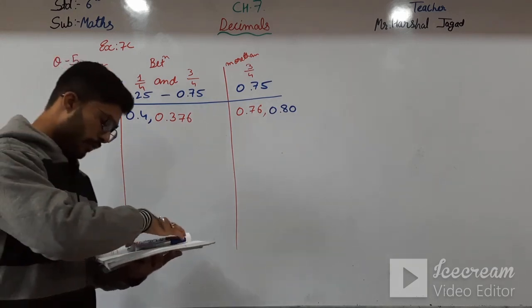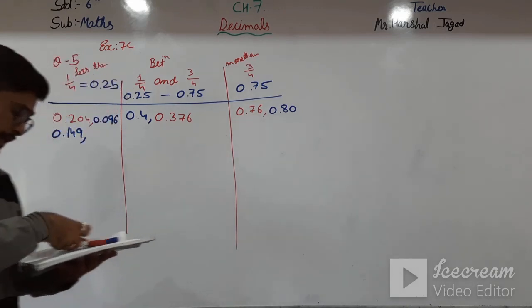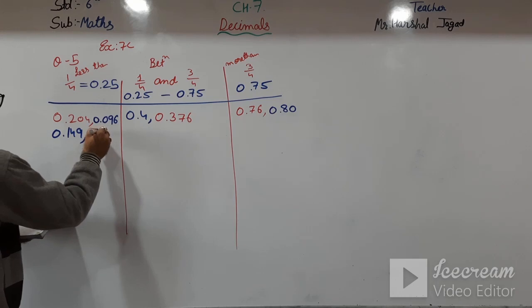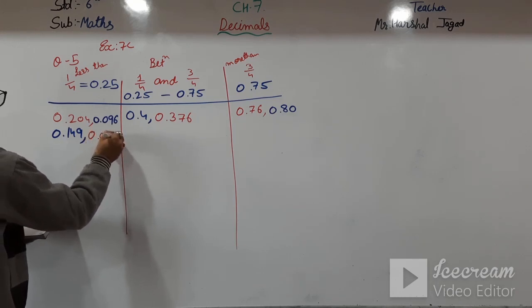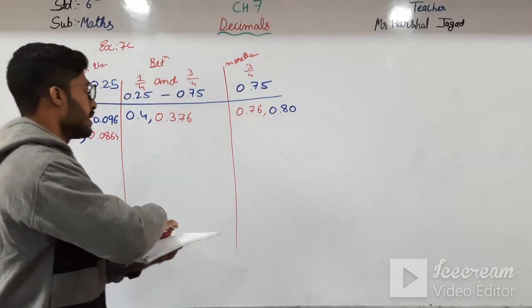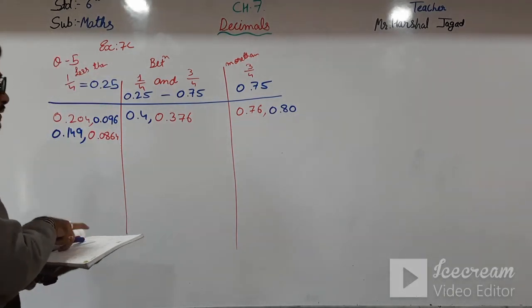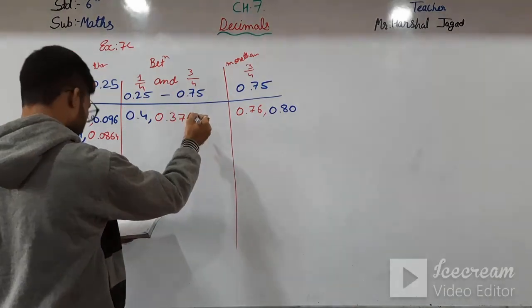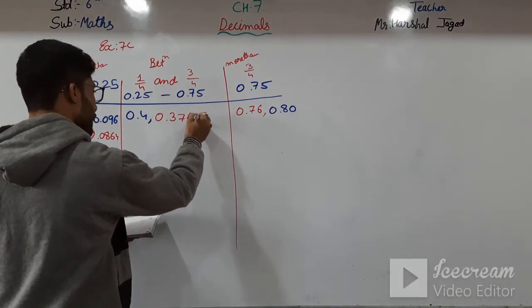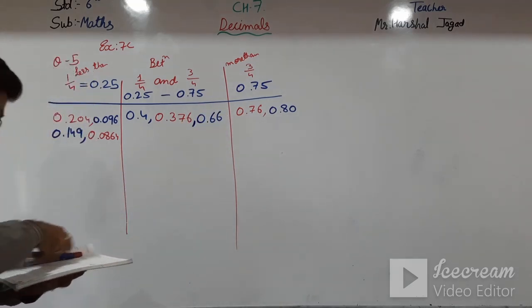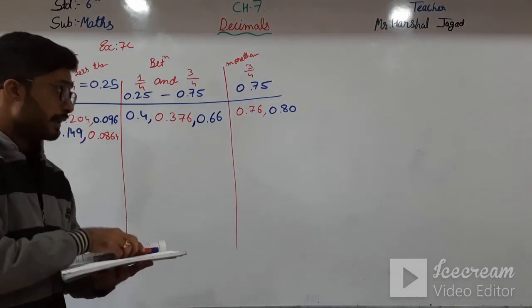Then coming 0.0864. It will be over here, 0.0864. Then coming 0.66. It is between this, so it comes over here, 0.66.